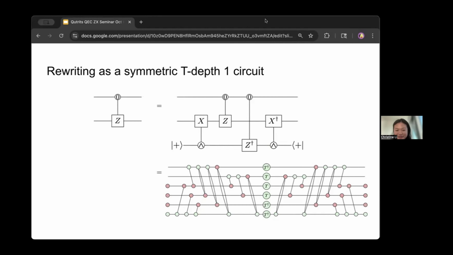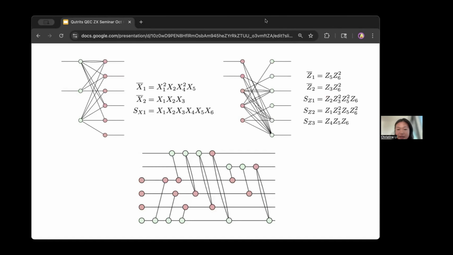So just to recap, we went from this new circuit for the zero control Z with the CX gate conjugation, using phase gadgets and rewriting, to the full symmetric T-depth one circuit. Looking at the first half as the encoder, you look at the normal form and get the stabilizers from connectivity.